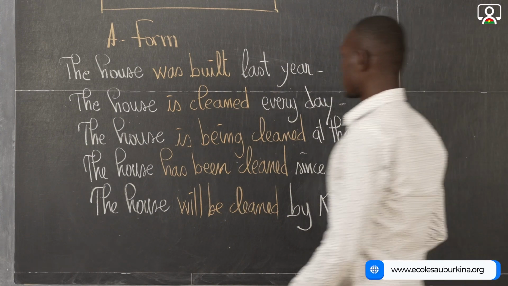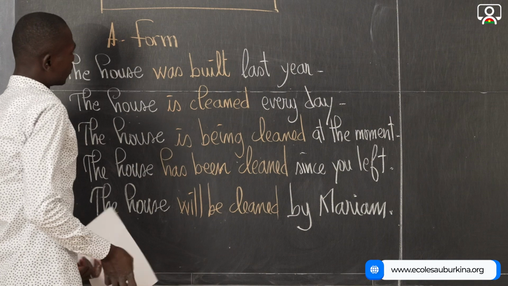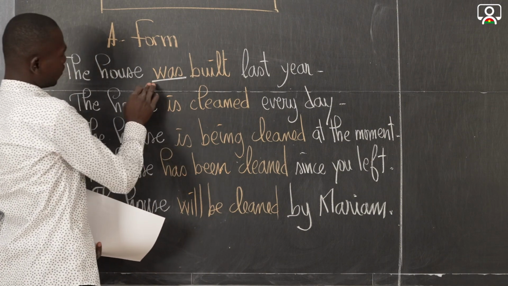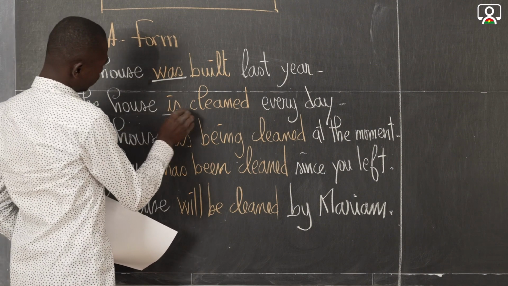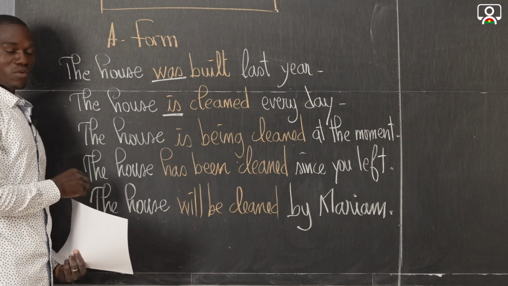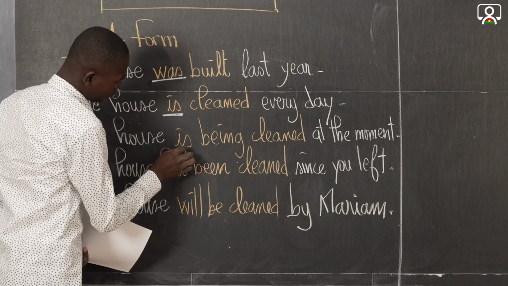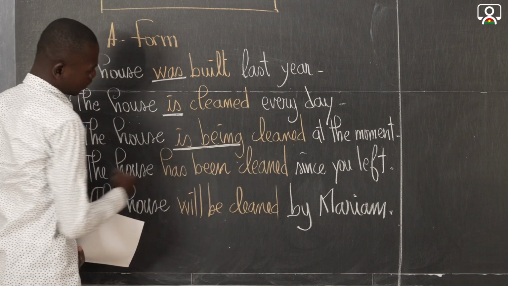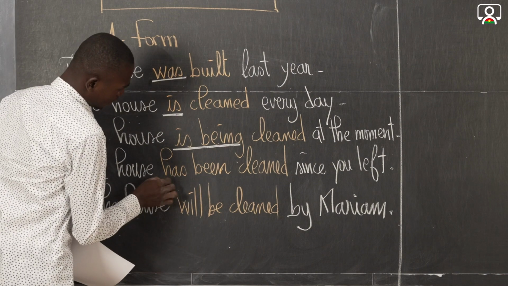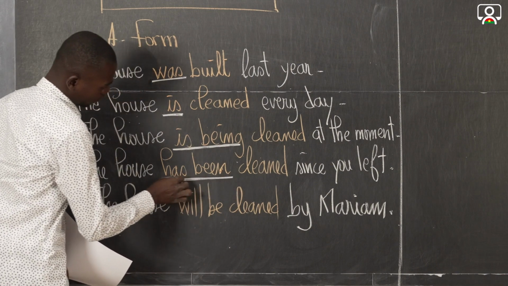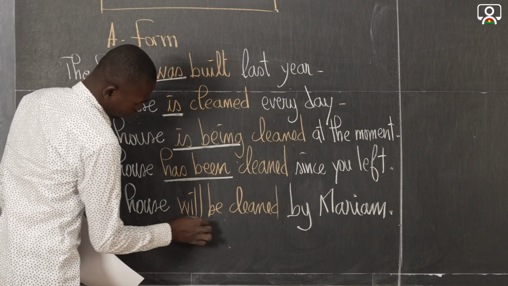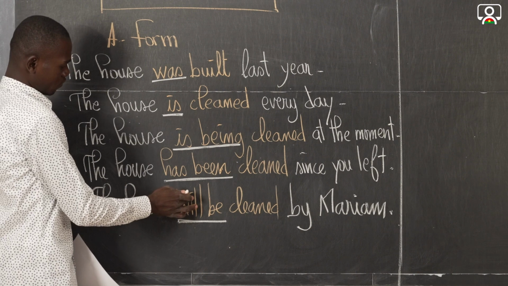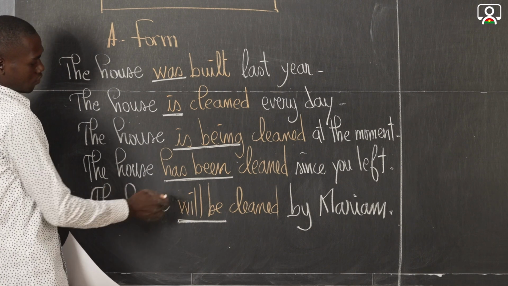So let's have a remark here on to be. Here is to be in the simple past, to be in the simple present, to be in the present progressive, to be in the present perfect, and to be here in the simple future.